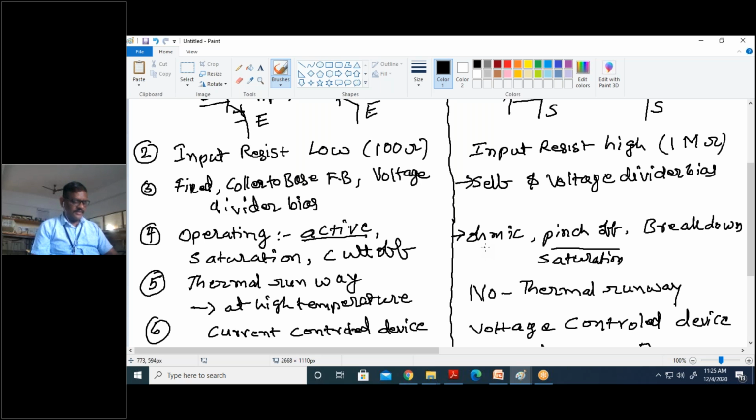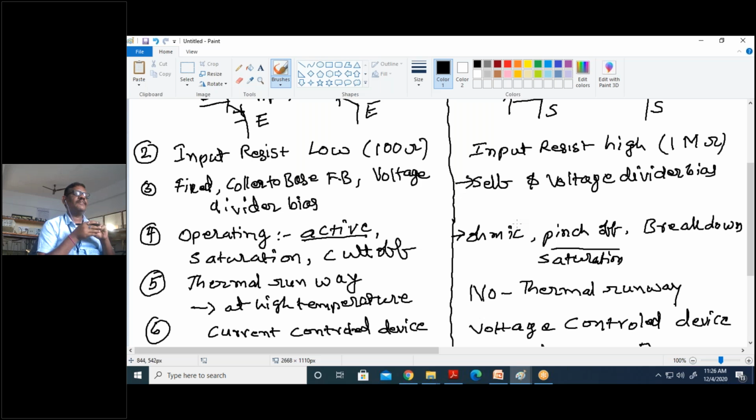In ohmic region, current linearly increases. In pinch off region, current is constant. In breakdown region, current suddenly goes very high. So JFET operates in saturation region.